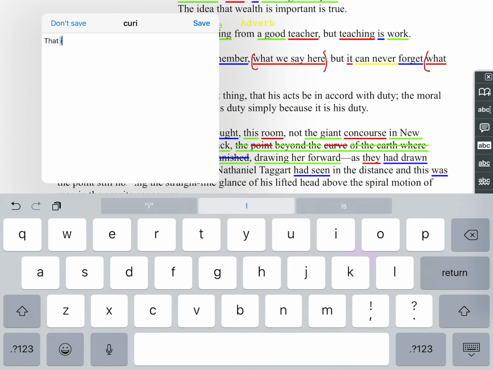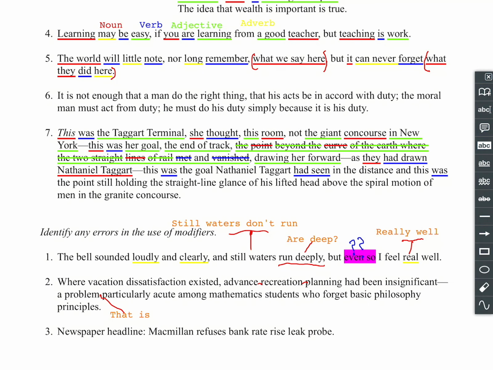That is a problem that is particularly acute among mathematics students who forget basic philosophy principles. This one's tricky because it's kind of nonsense, but that doesn't make it grammatically wrong.